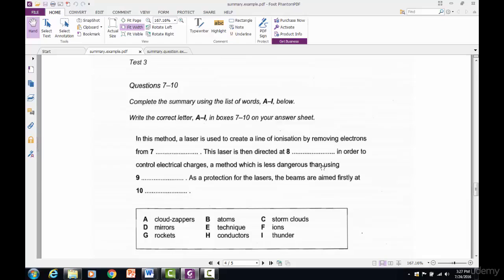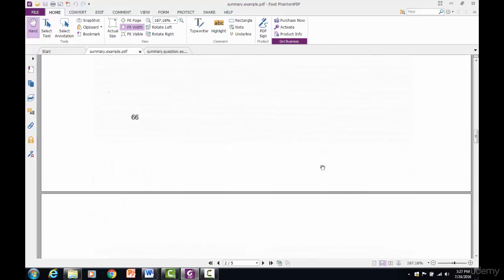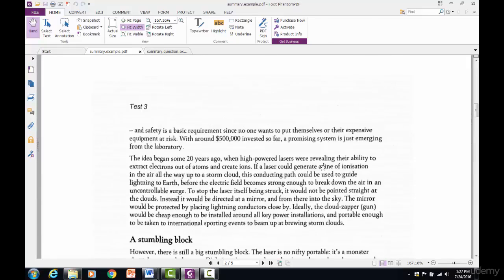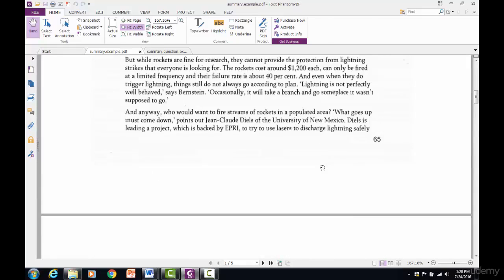So they took information from one paragraph and took information from another paragraph and combined that into one sentence. Wow, that is really, really tricky. We have to find a paragraph that talks about it being less dangerous than.